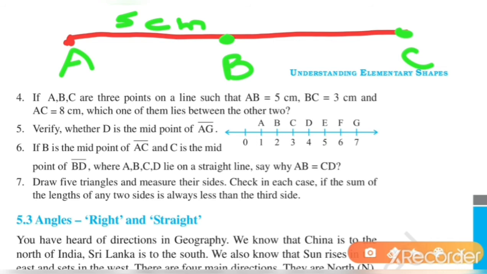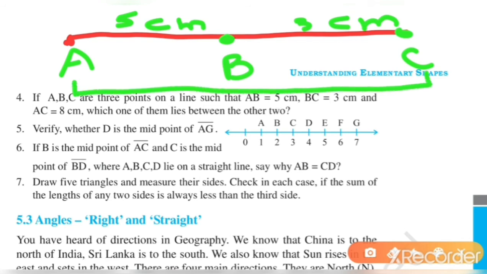Measurement of BC is 3 cm. And AC, measurement of AC is 8 cm. Which one of them lies between the other two? Which point lies between other two? Point B. Point B lies between point A and C.